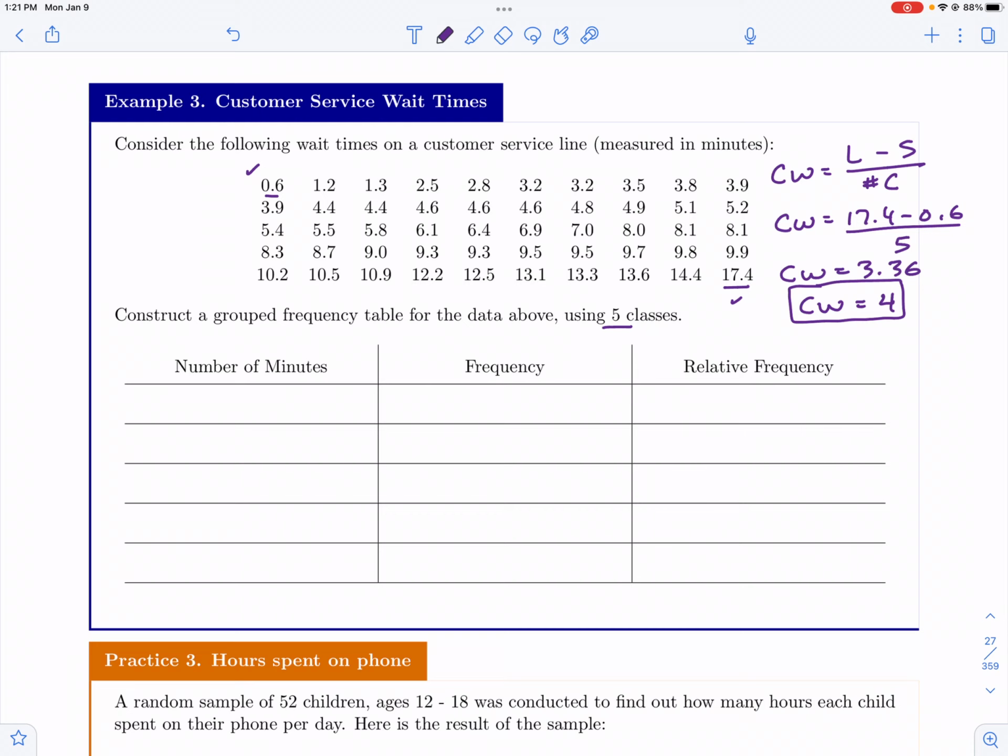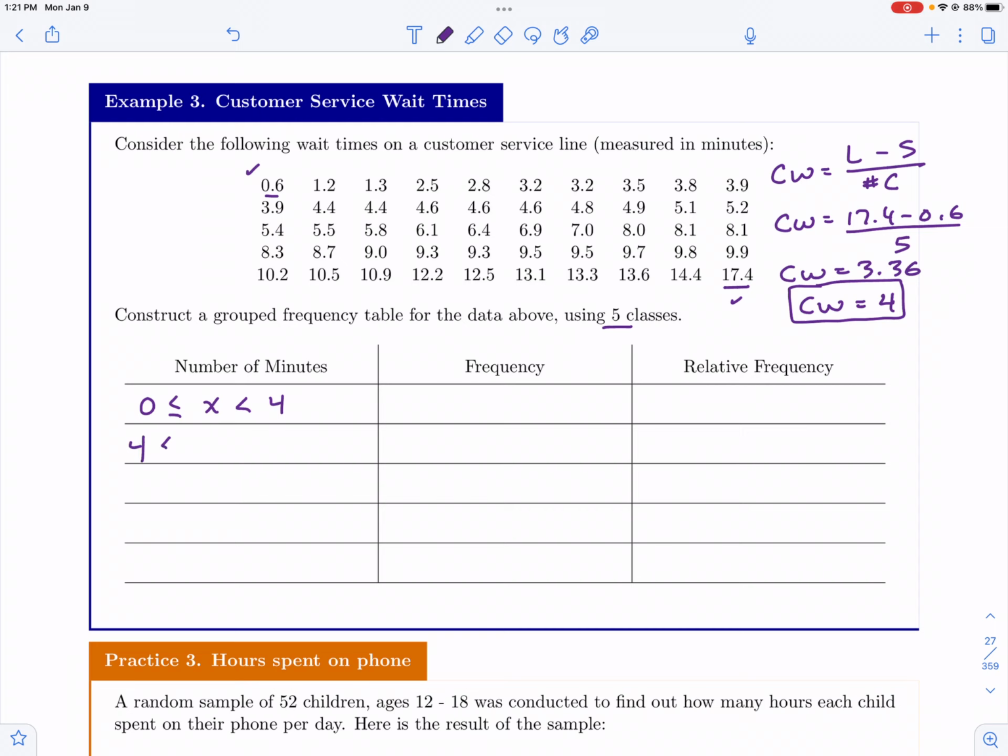So for us, since our smallest value is 0 and our biggest value is 17.4, or 0.6, sorry, what we want to do is go ahead and let our lowest value be 0 in this case. And then we're going to go from here up to 4, but not including 4. So notice that I used a strictly less than for that 4. So anything that's smaller than 4 is going to live in this first row.